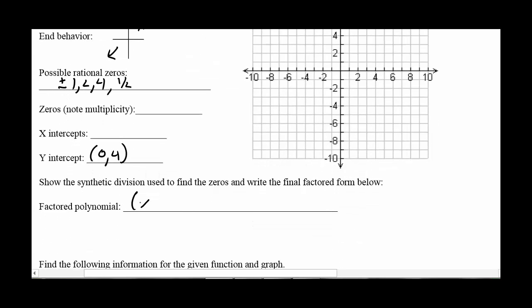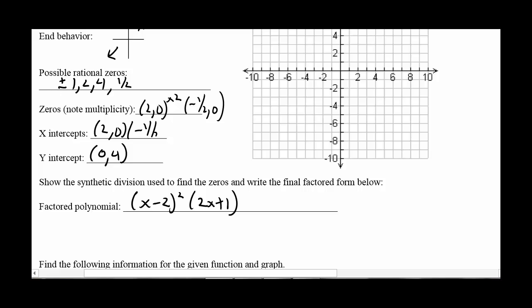Zeros then. 2, 0 with a multiplicity of 2. And the other one would be negative 1/2, 0.